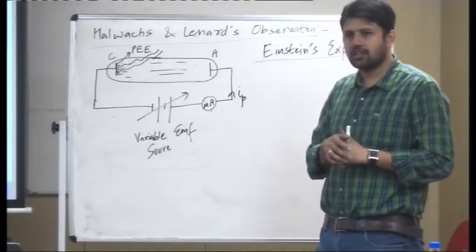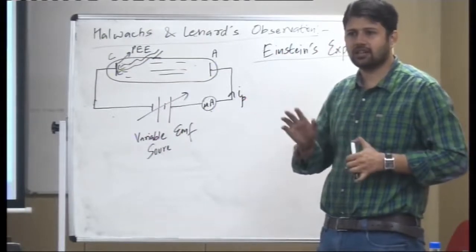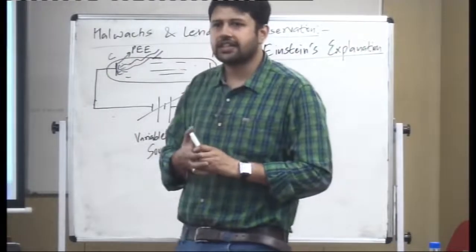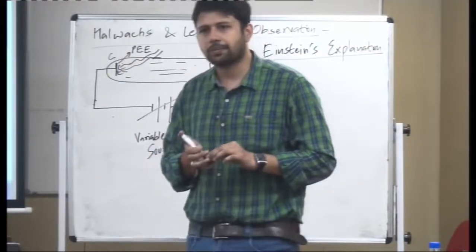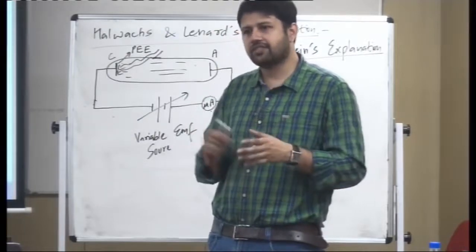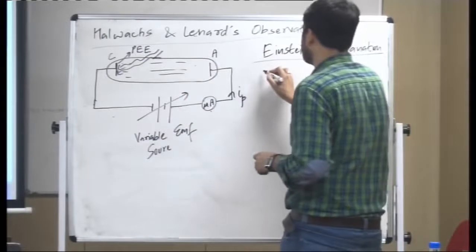So he said that light behaves as a wave as well as a particle, but the particles interact with electrons. It is the particle nature of light which we would be using here. So he assumed particle nature.